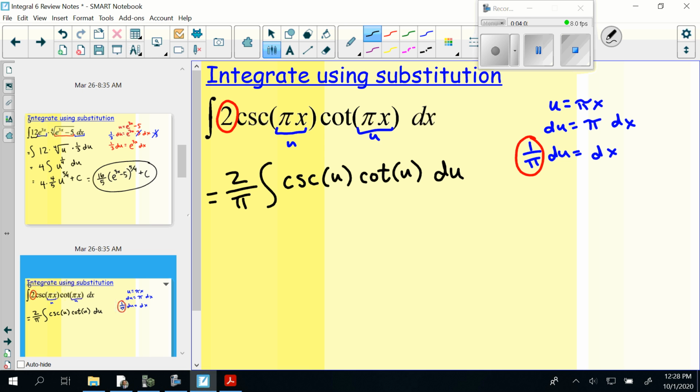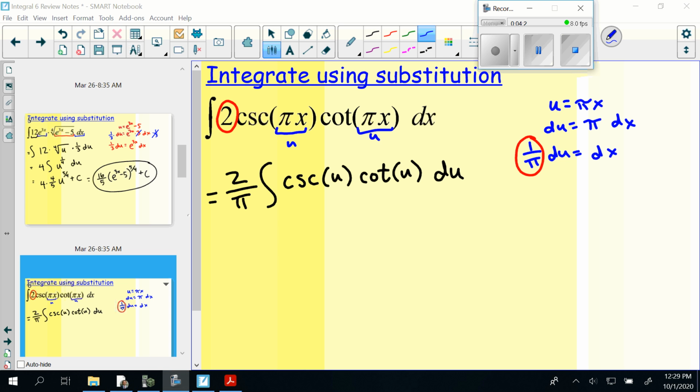All right, so that way, when you pull out those constants just off to the side, you don't have to worry about them until after the integration. So now to finish this one, if we look at what's left, what's the antiderivative of that?